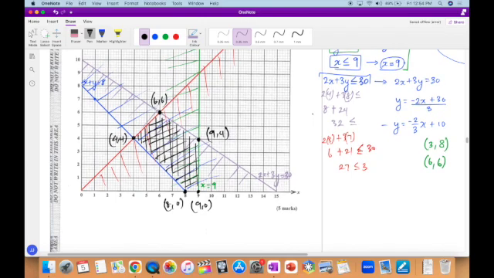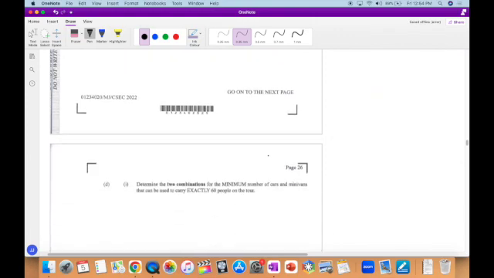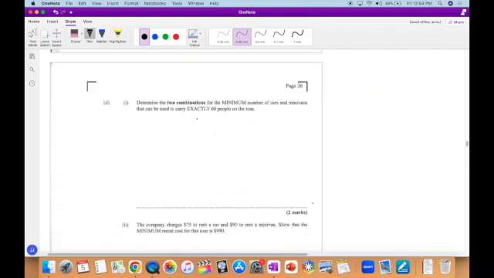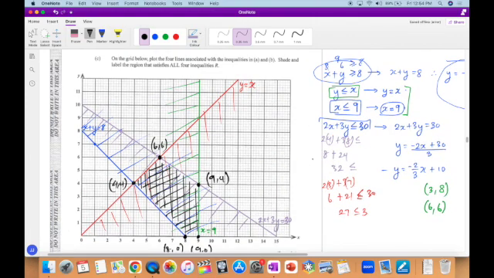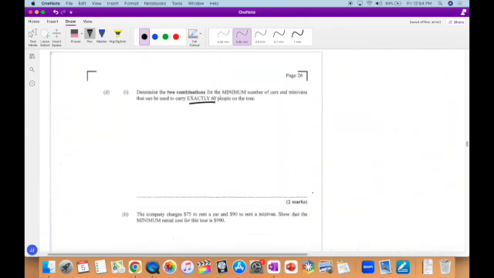If we carry exactly 60 people, remember that would be 4x plus 6y is equal to 60, which means when we divide it by 2, we get 2x plus 3y equal to 30.